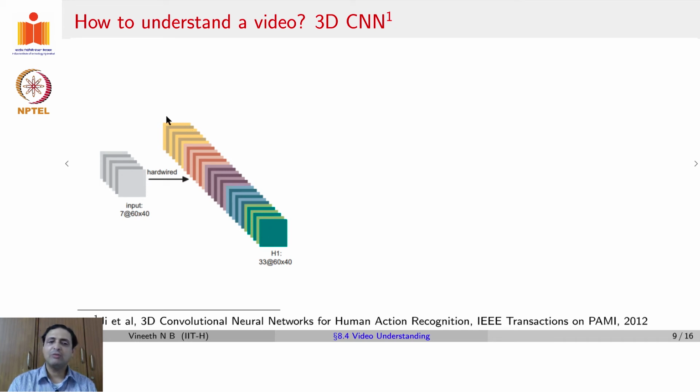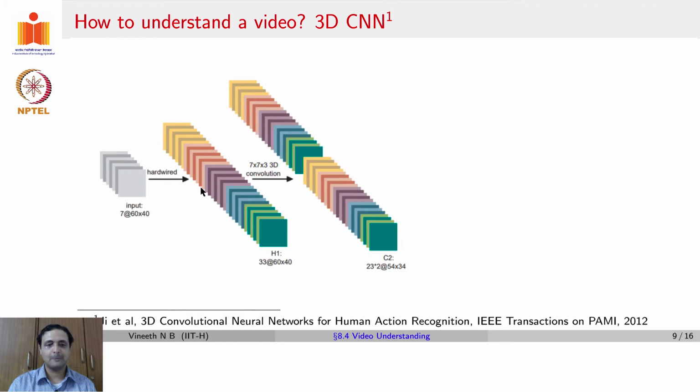They had 5 different kinds of filters, and those gave these sets of images. So they obtained a total of 33 feature maps, each of them still at the resolution 60 cross 40, after this initial processing of a few filters that were hardwired. These were not learnt. These were filters that detected edges, detected optical flow, so on and so forth.